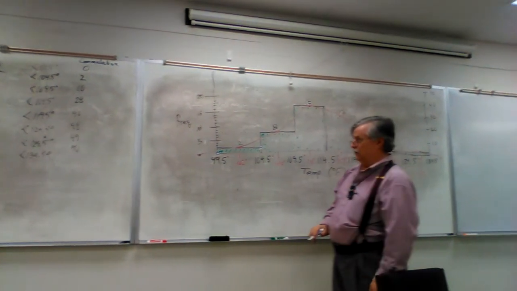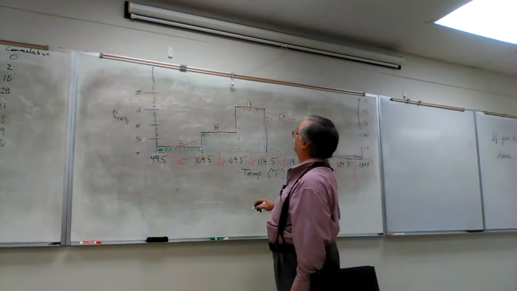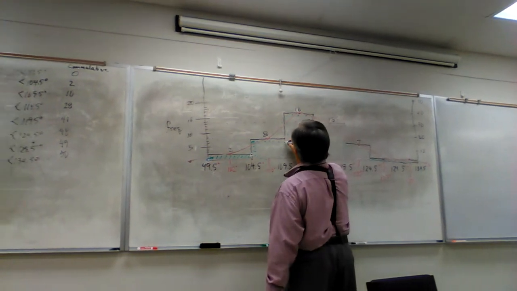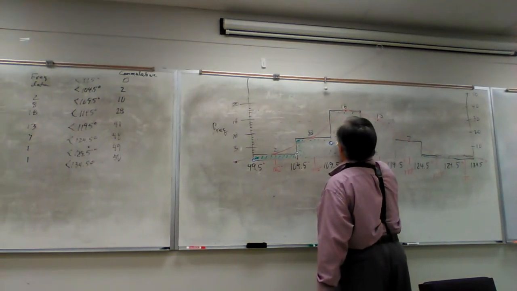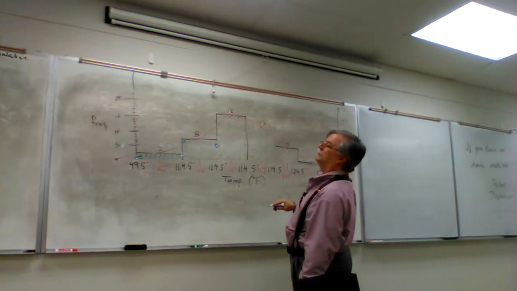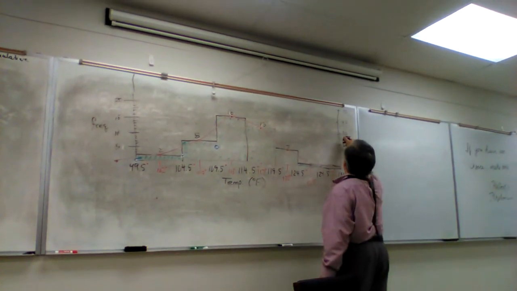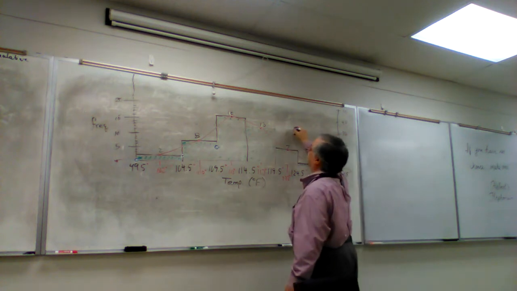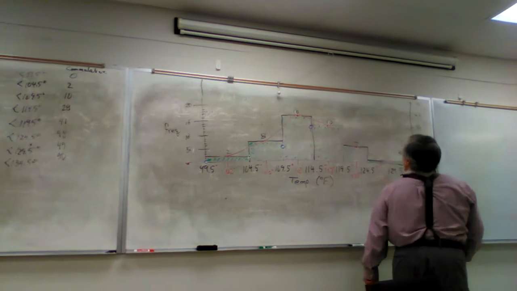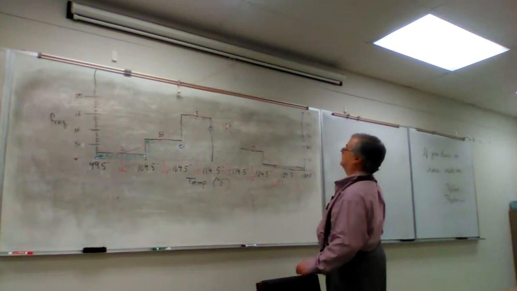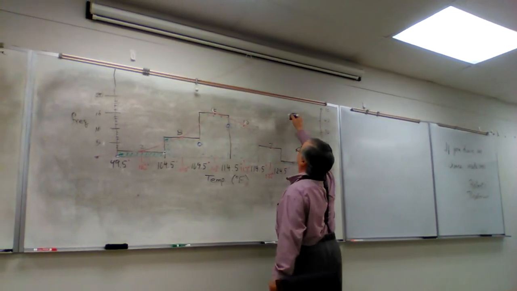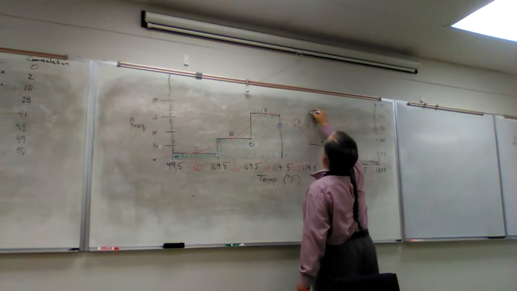Next one, 109.5. Less than 109.5, we've got 10. So now we're coming over here to 10. Less than 114.5, we have 28. That's going to be about right here. Less than 119.5, we have 41, which is going to bring us up to about right here.